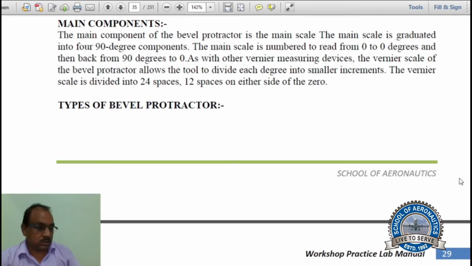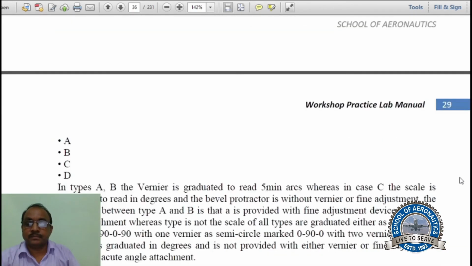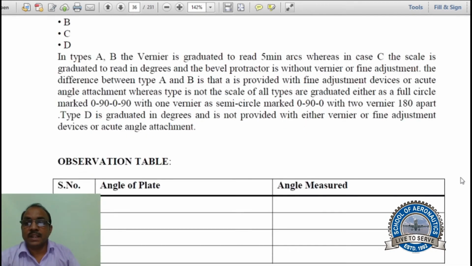Types of bevel protractor: A, B, C, D. In types A and B, the vernier is graduated to read 5-minute arcs, whereas in case C, the scale is graduated to read in degrees and the bevel protractor is without vernier or fine adjustment.